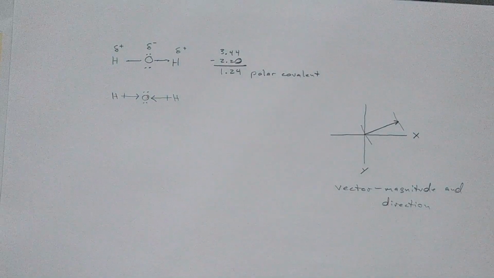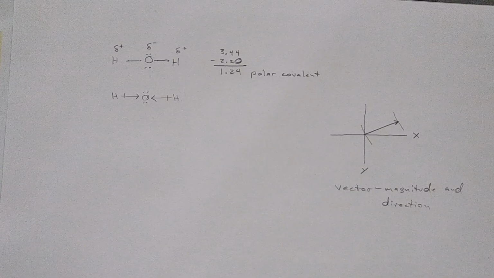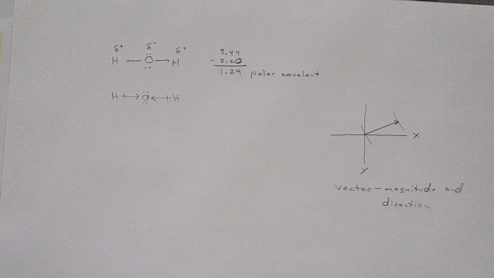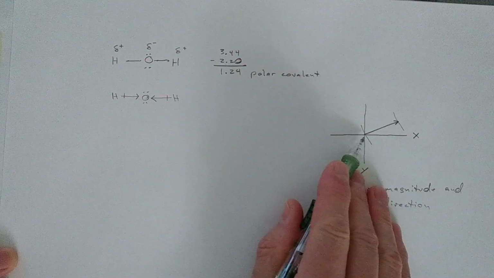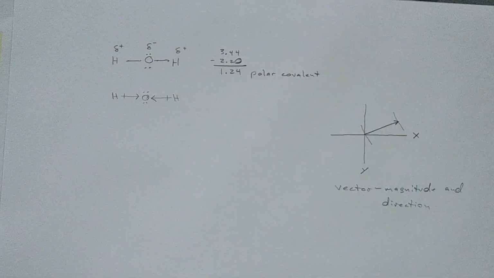We can look at the symbols for the dipoles and say that those symbols are vectors. They do have magnitude, length, and they do have direction. So we look over here at our vector and say, well, we put our vector on the xy axis.